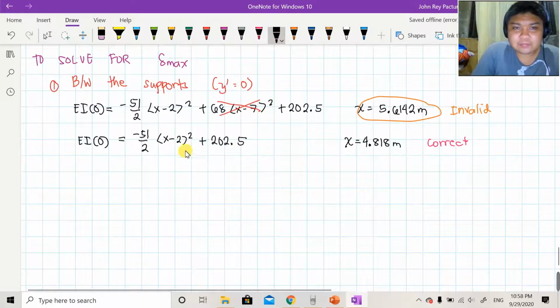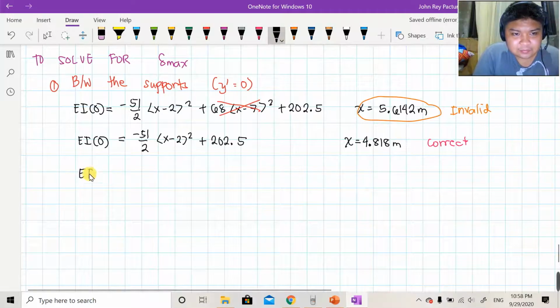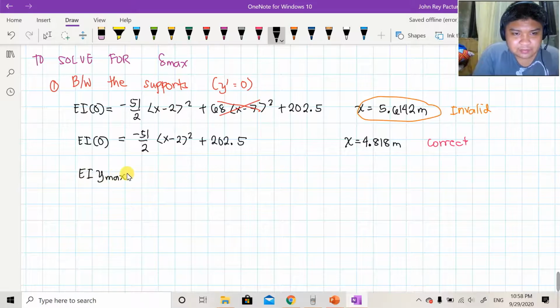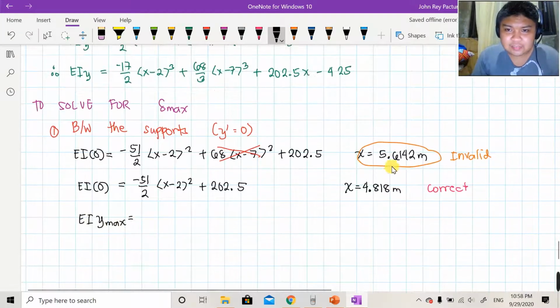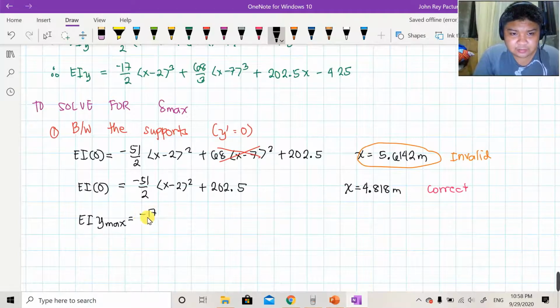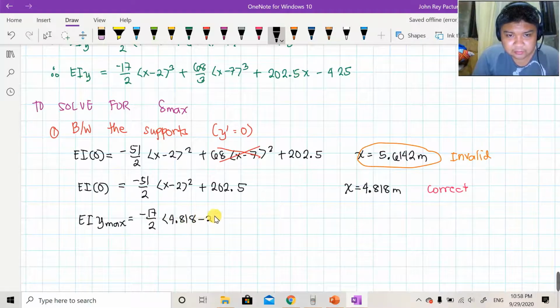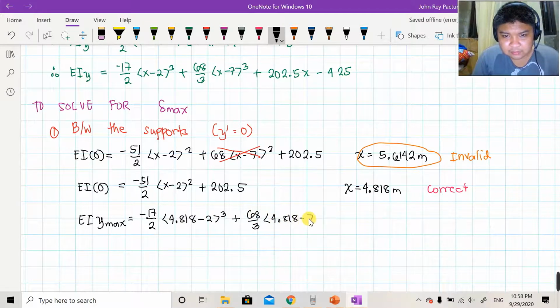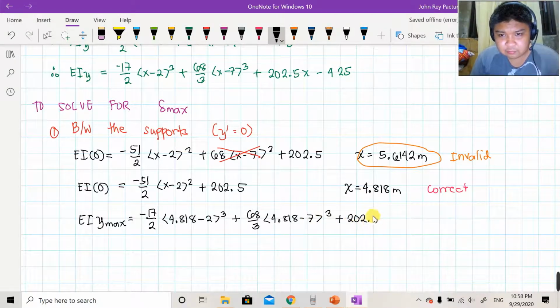Okay? So, therefore, para mahanap natin yung EIY max, isa-substitute mo lang class yung 4.818 dito nga sa ating EIY function. So, negative 17 over 2, 4.818 minus 2 cube plus 68 over 3, 4.818 minus 7 na naka-cube plus 202.5 tapos 4.818 minus 425.